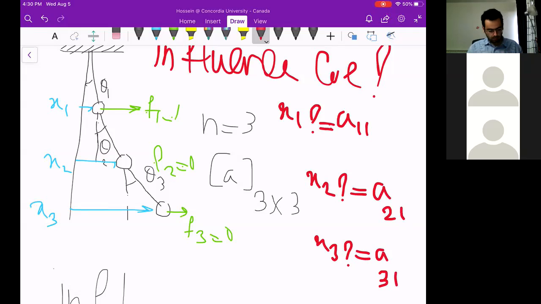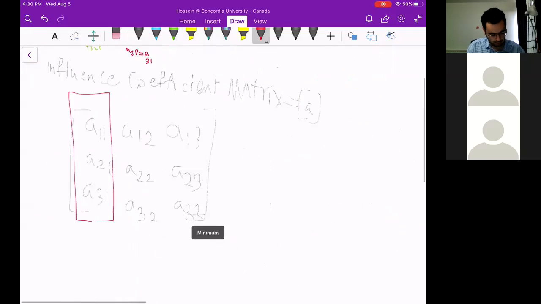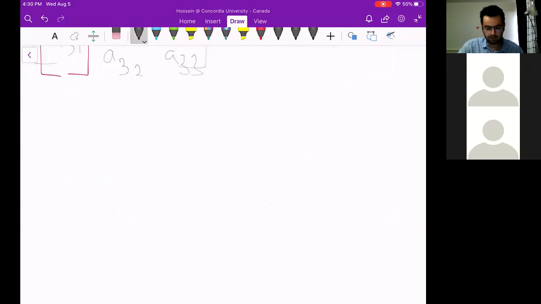So very simple. Let me plot the free body diagram for the first mass. Imagine there is a triple pendulum and you only displace the first mass to the right. As soon as you do it, we will face this system.